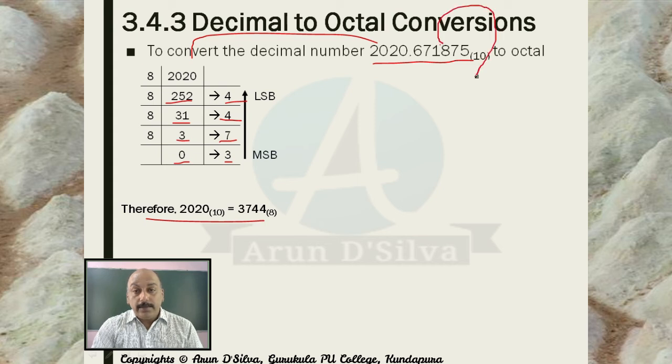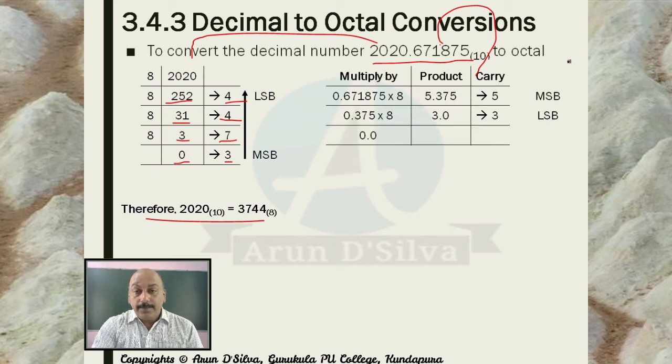Next part, what do you have to do? You have to take the fractional part. What are we doing with the fraction part? We are multiplying by 8. I multiplied 0.671875 by 8 and got 5.375. This 5 becomes the carry, and I have to put it here. Again I multiply 0.375 by 8 and get 3.0.